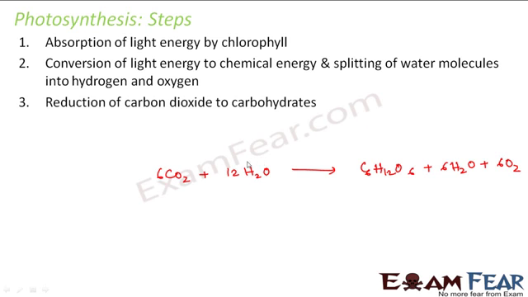This water molecule actually splits into hydrogen and oxygen, and that is why this oxygen gets released. Similarly, this carbon dioxide gets reduced to carbohydrate. Glucose is a carbohydrate, right? So this is a carbohydrate. Clear? So these are the three basic steps of photosynthesis.